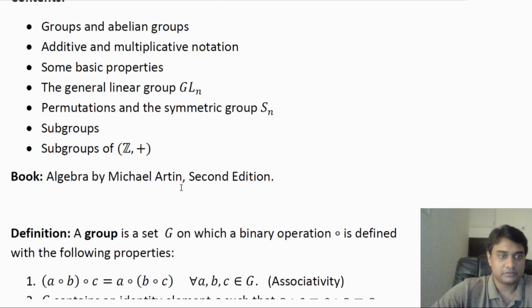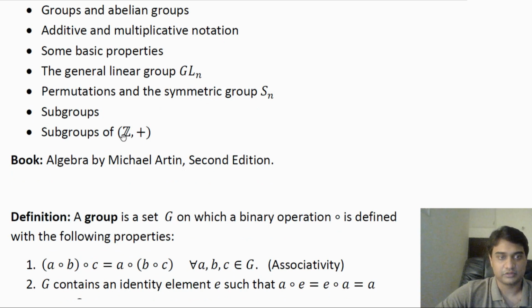So then, after this, we talk about permutations and an important group of permutations which is known as the symmetric group Sn. Then we talk about subgroups. What is a subgroup? And in particular, we will also study the subgroups of integers.